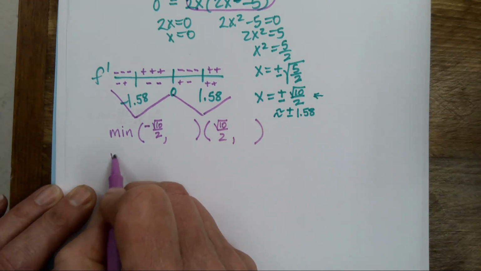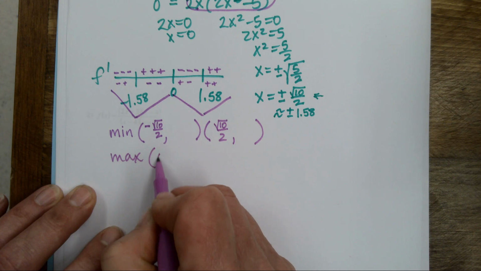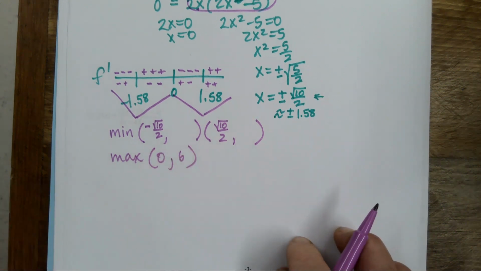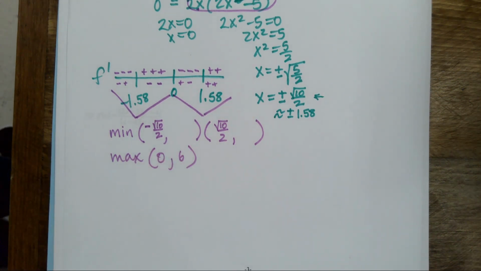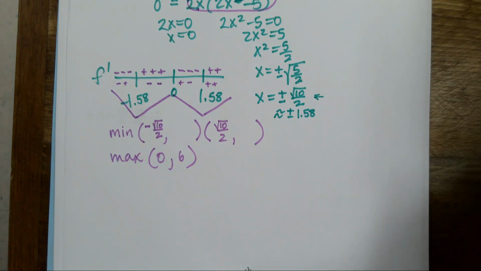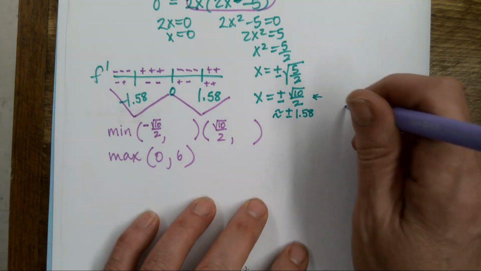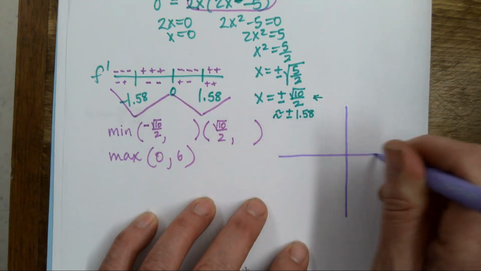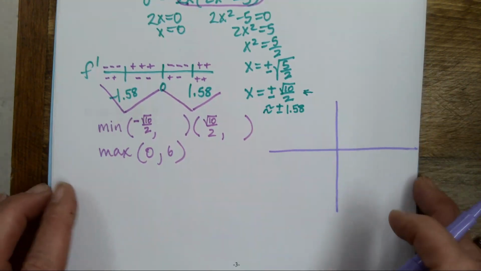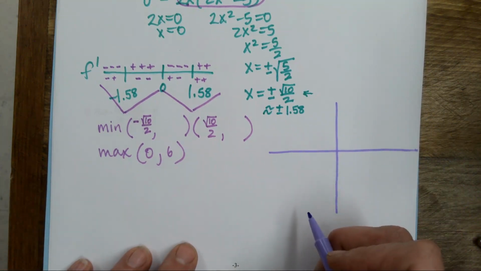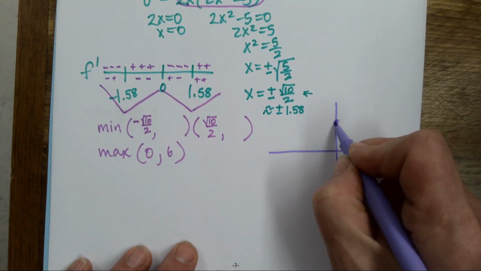I have a max at 0, 6. Zero, 6, I'll put on my graph right away.